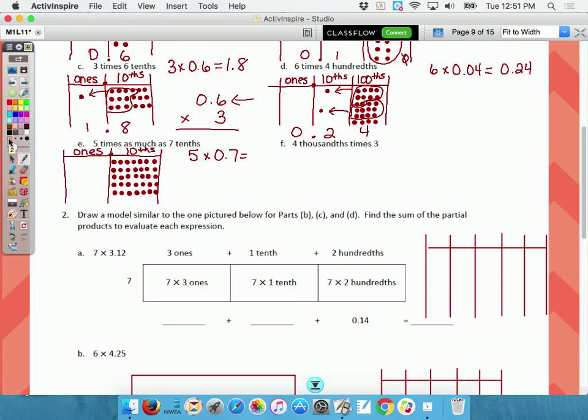Then when it comes time for regrouping, it's quite simple to find groups of 10, because 2 groups of 5 makes 10.